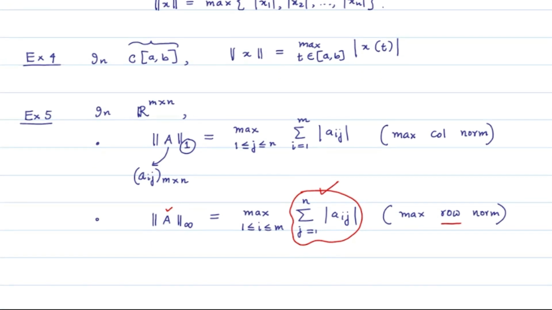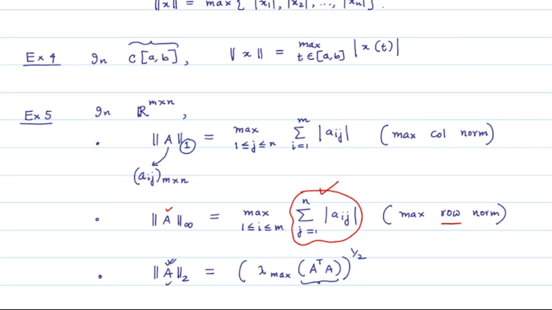Another example of matrix norm is the 2 norm of a matrix, which is given by lambda max of the matrix A transpose A whole to the power half, where this lambda max is the maximum eigenvalue of the matrix A transpose A. We shall describe what is an eigenvalue of a matrix later in this lecture.